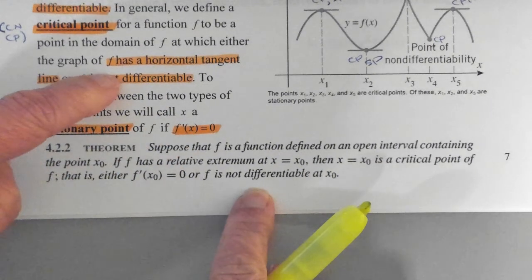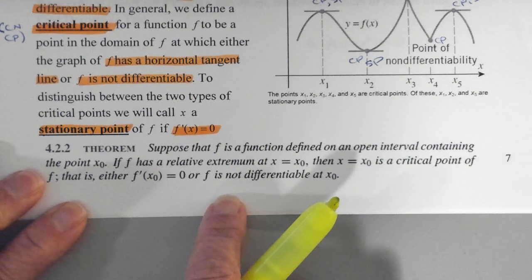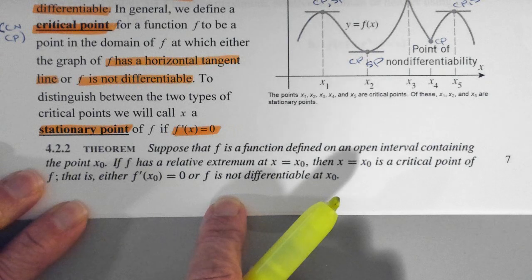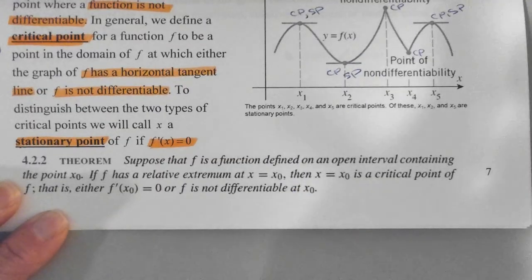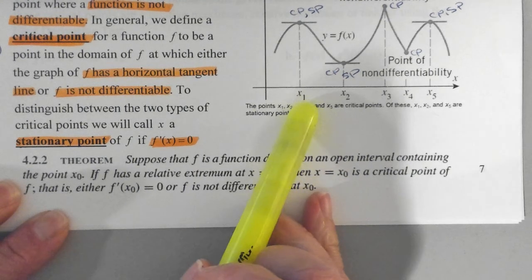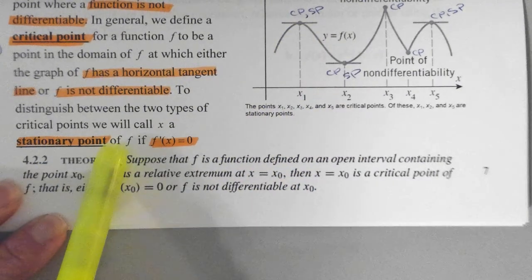It goes back to the critical point, which is what we just talked about. This is just the formal definition. So you have a given x value over that interval on the graph, and that point, x sub 0, is either a critical point and or a stationary point based on the definition.